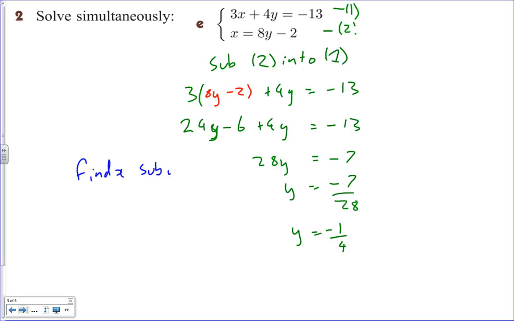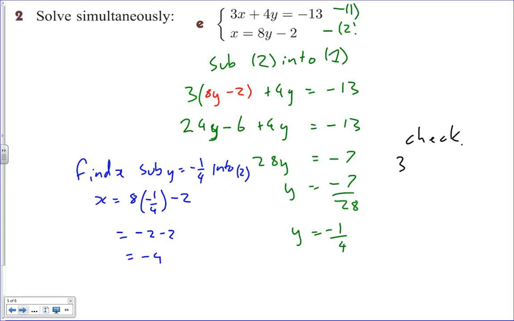Sub y equals negative 1/4 into 2. So x equals 8 times negative 1/4 take 2. So a quarter of 8 is going to be 2, so negative 2 take 2, so it's going to be negative 4.